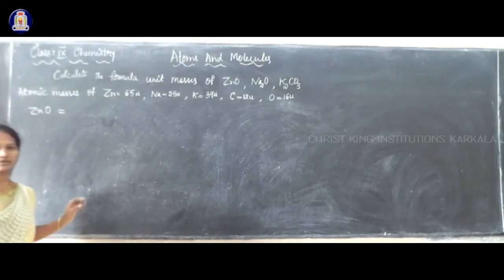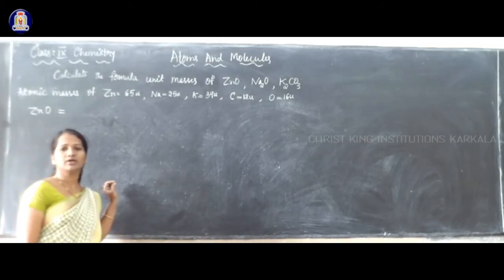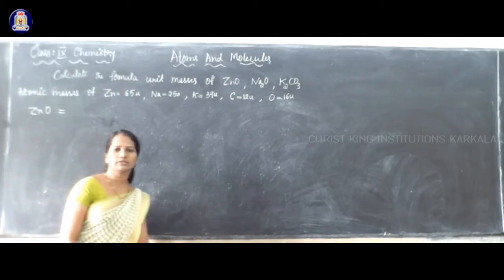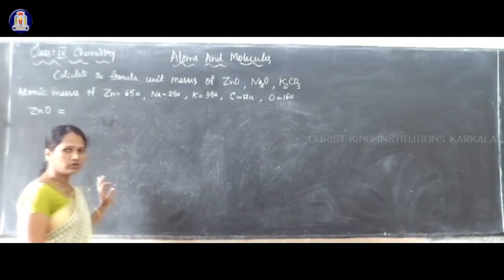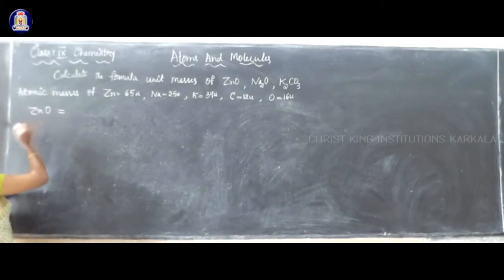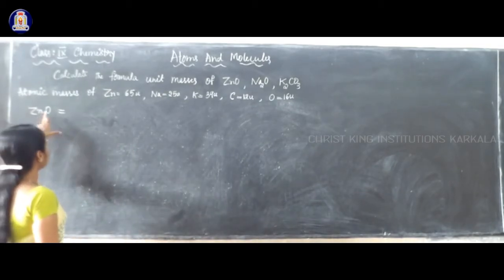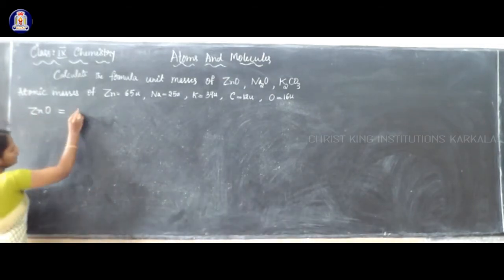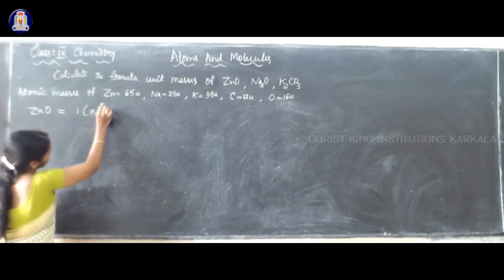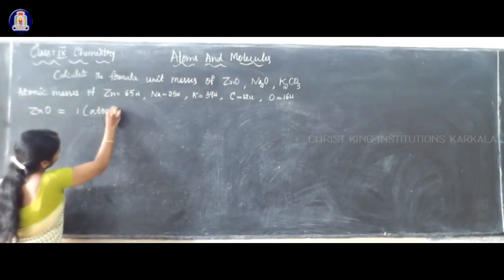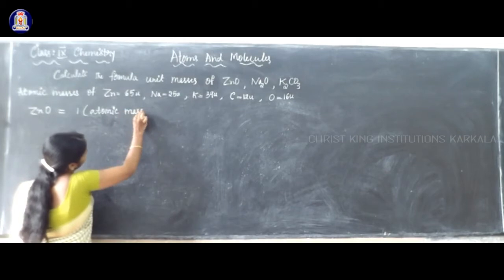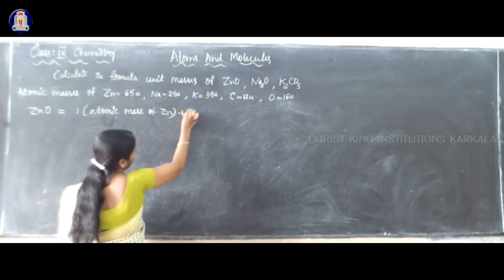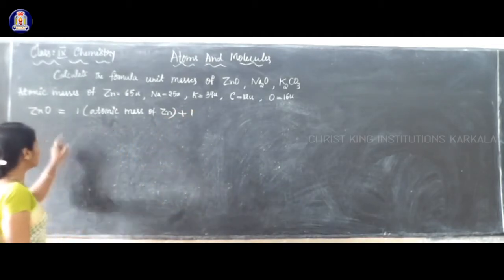It is the same as calculation of the molecular mass of zinc oxide. How to calculate it? The two elements present here are zinc and oxygen. Only one atom of zinc is present, so 1 into atomic mass of zinc, plus 1 into atomic mass of oxygen, since only one atom of oxygen is present.